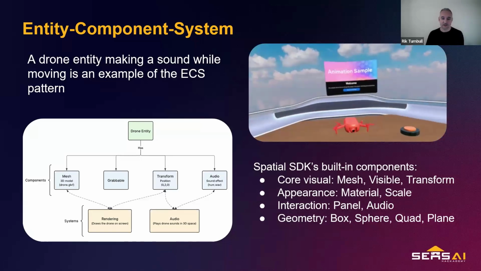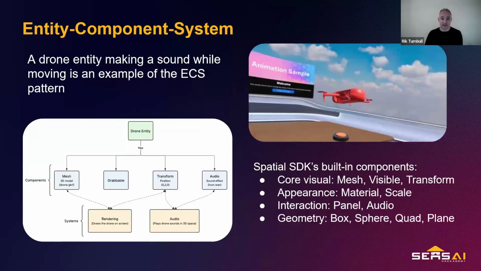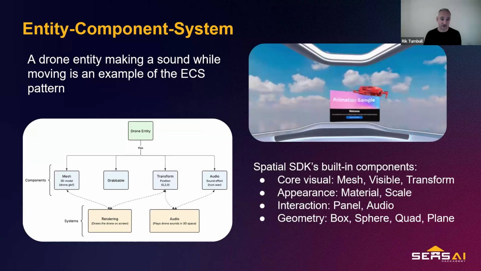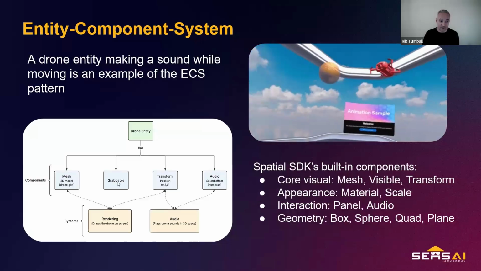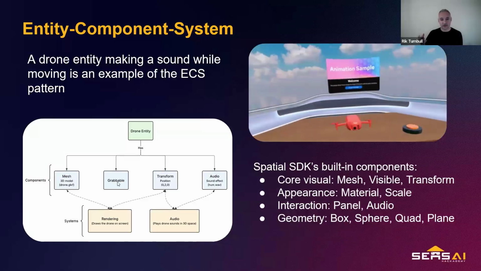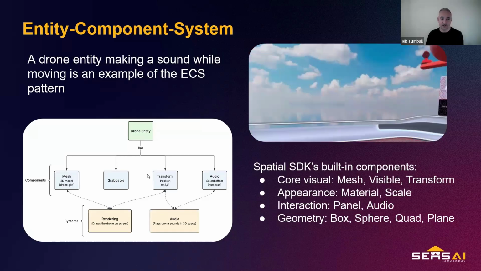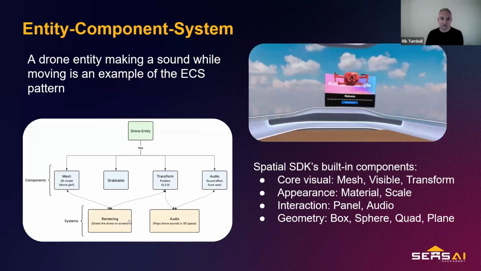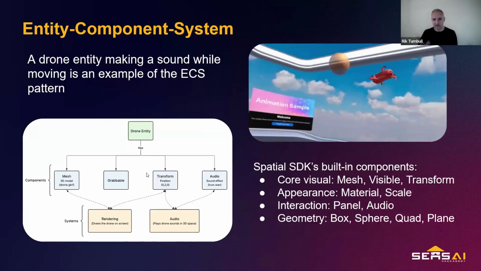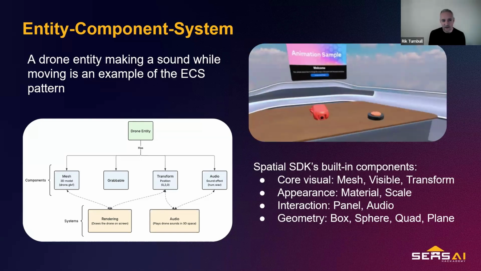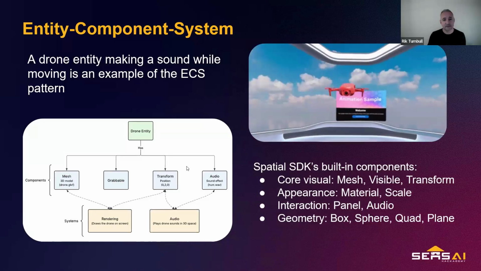In this case, the follow target system would find all the entities with a follow target component on it, find what that target was, work out its location, and then change the location of the original item to follow it. So essentially, these layers are what you're using to build up the interactions that you see here. And I think it'll become clearer when I show you an example.